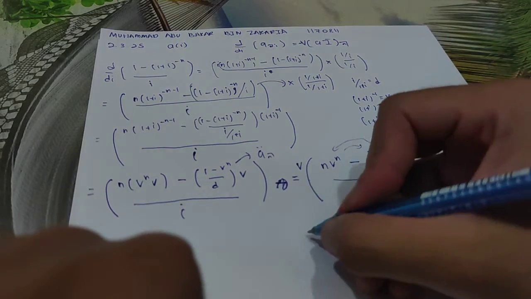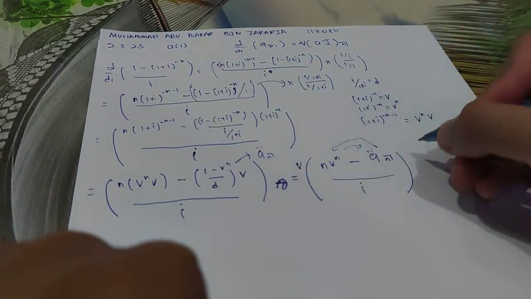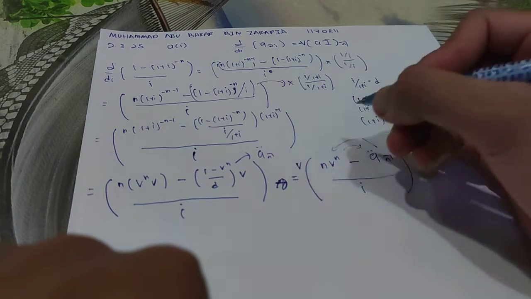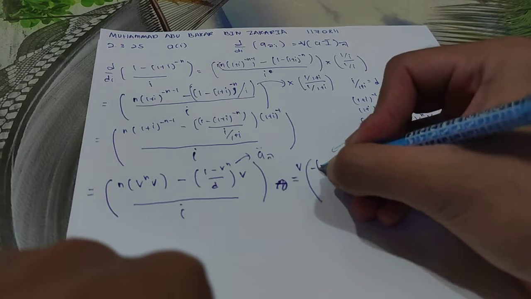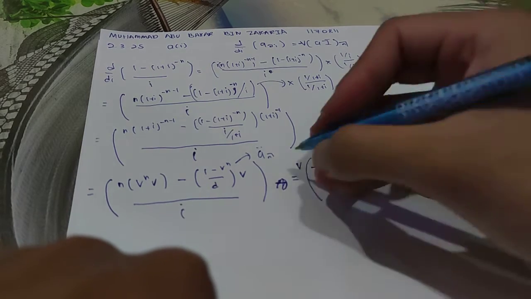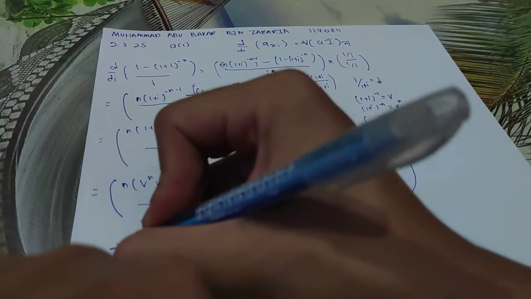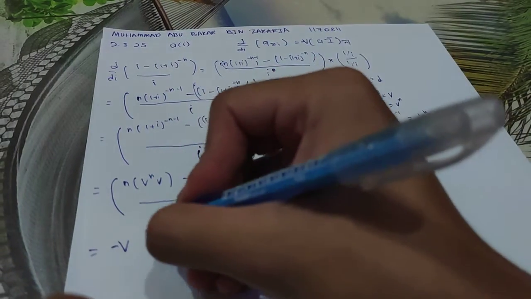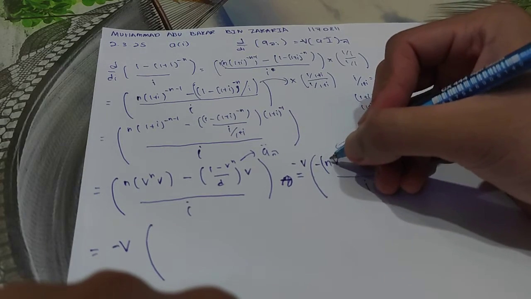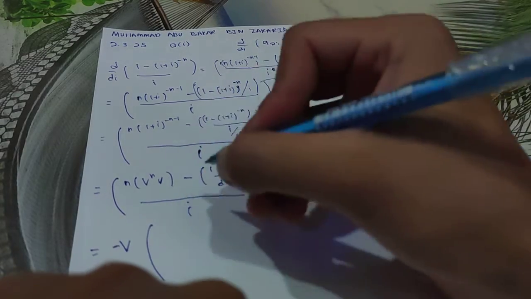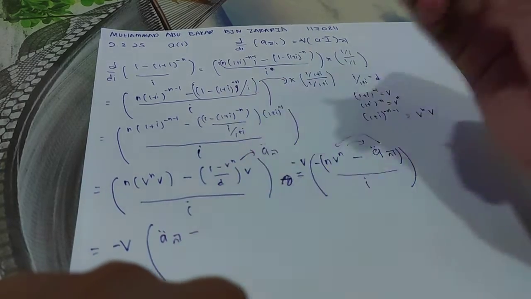So we need to multiply by negative, inside the bracket and outside the bracket. So negative v, we expand this and it becomes like this.